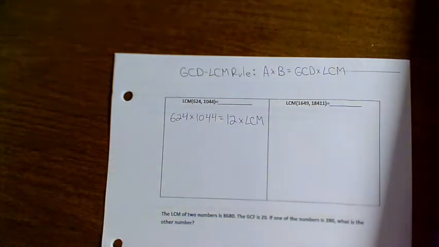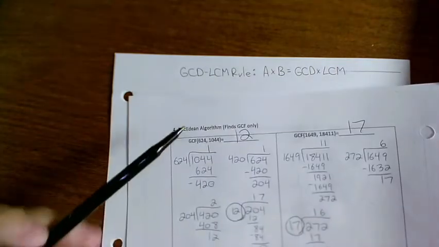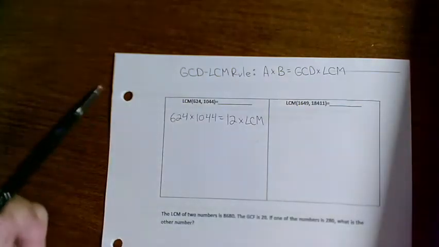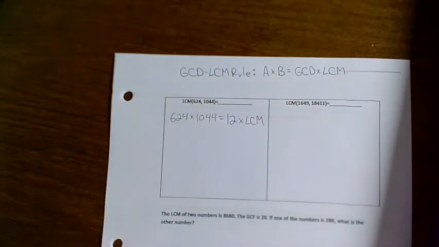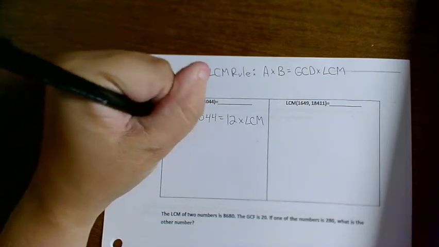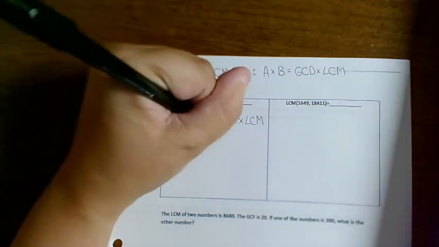So we previously found through the Euclidean algorithm that the GCD of 624 and 1044 was 12. So if I take the two numbers multiplied together, that should equal 12 times whatever the LCM is going to be. So 624 times 1044 is 651,456.